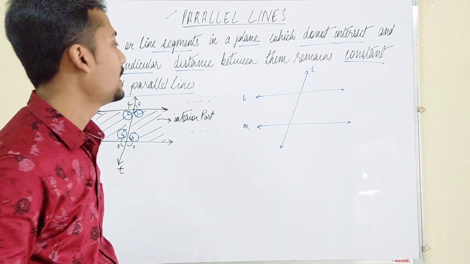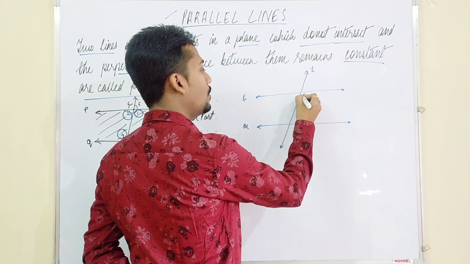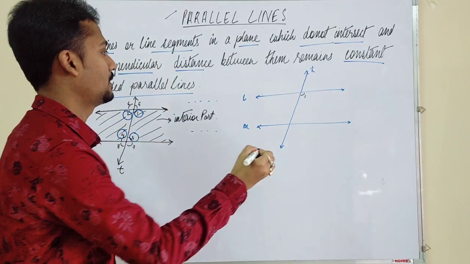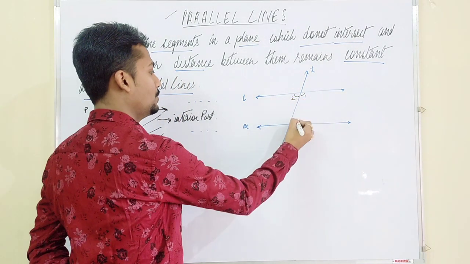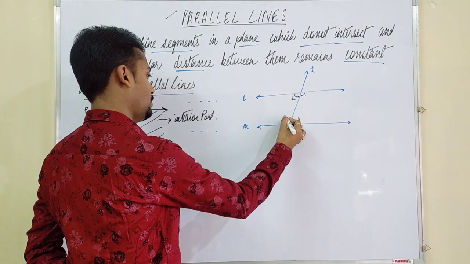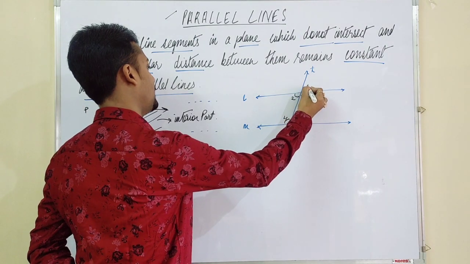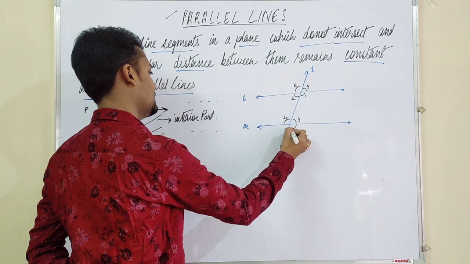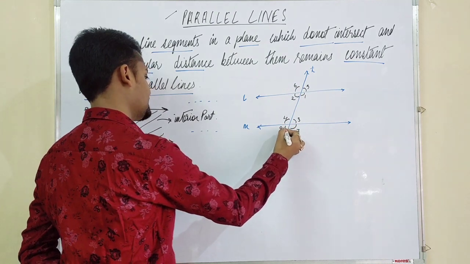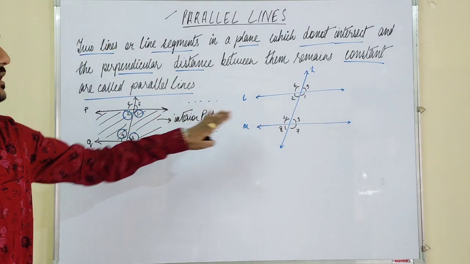Now, how many angles are formed? 1, 2, 3, 4, 5, 6, 7, 8. I have kept the naming similar to this.